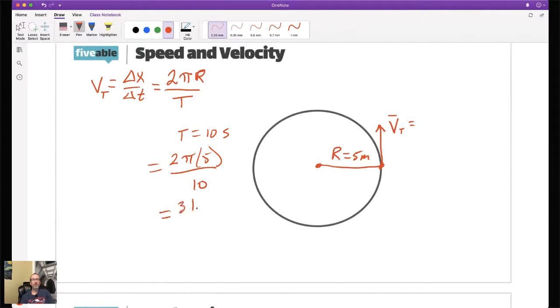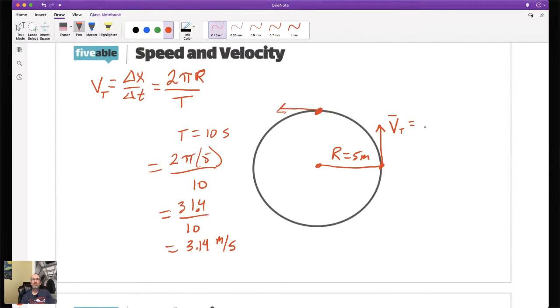So this is 31.4 divided by 10, and that will give us 3.14, and then we're going to call that meters per second. And so that's our tangential velocity. That's how fast we're going at this point. And that's also our speed at that point. Our speed at this point is also 3.14.